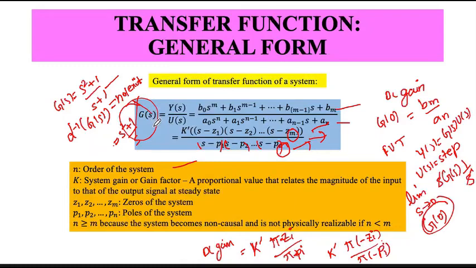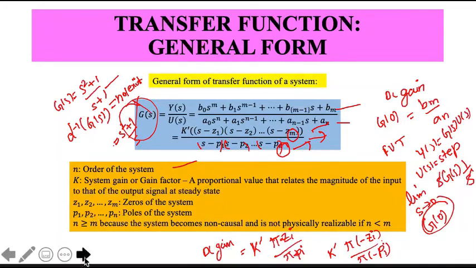This means it can never be physically realizable. So what should be important throughout our problems is that the number of poles should always be greater than the number of zeros. If not, the system is non-causal, and it will never be physically realizable. We will keep this in mind and recollect it when we do control design, and we will see how to overcome this problem.